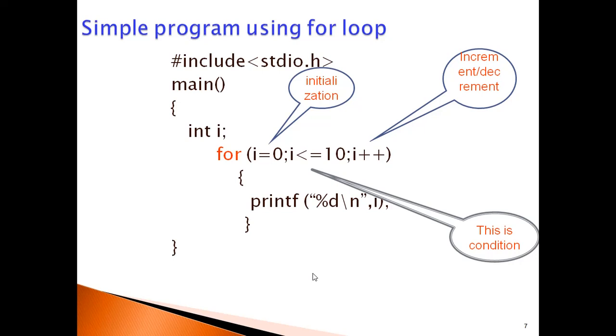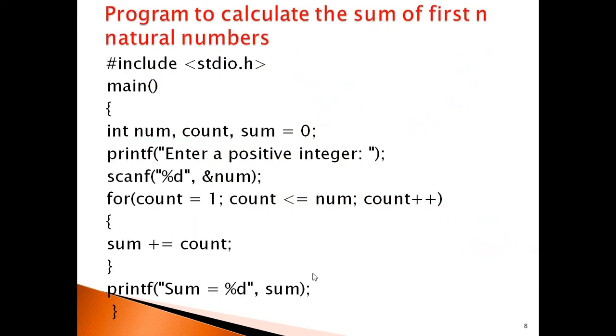Within the body of the for loop, we wrote one printf("%d\n", i). It prints the i value and control transfers to the beginning of the loop. The loop is iterated 11 times. It prints from 0 to 10. This is the first simple program using the for loop.